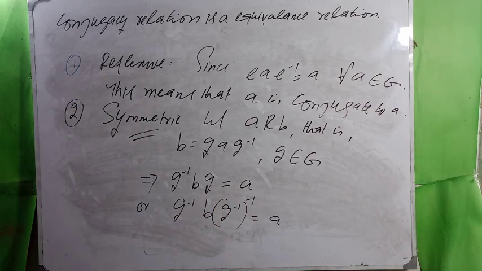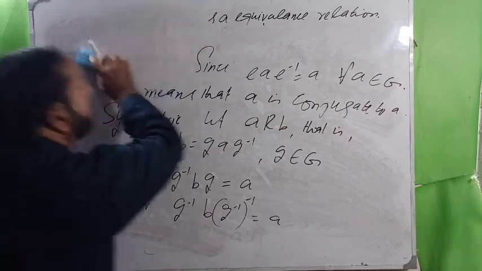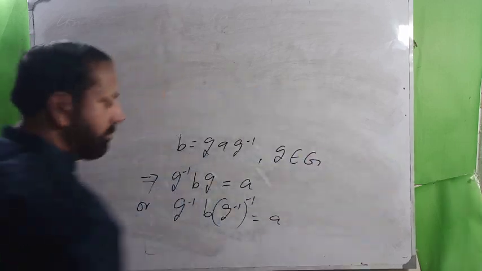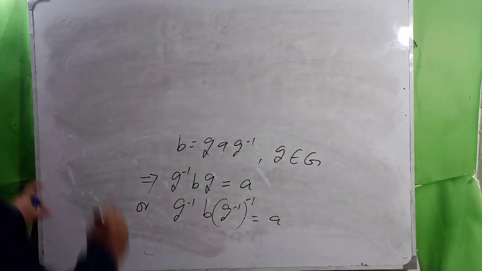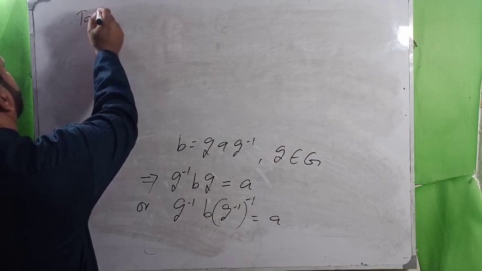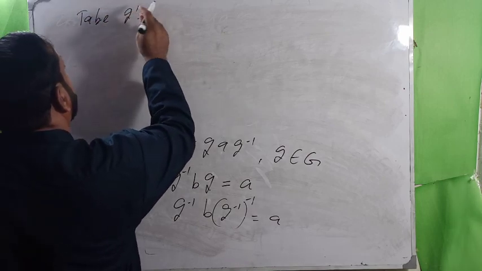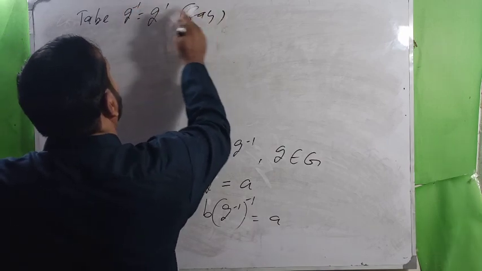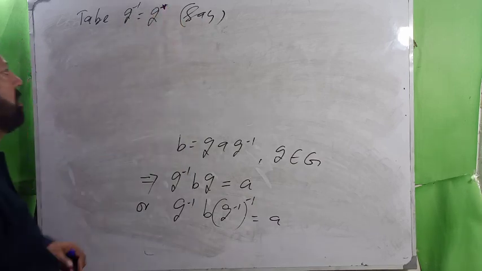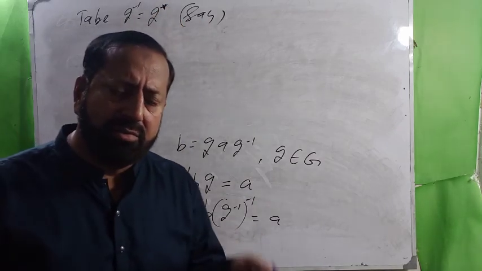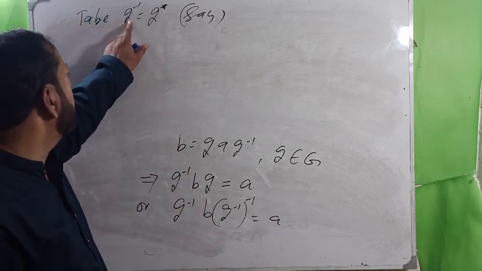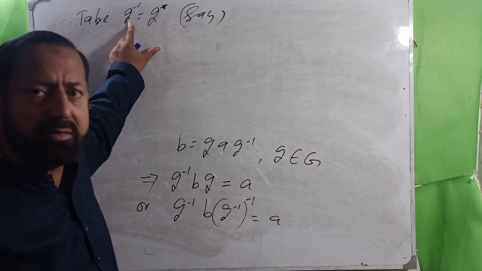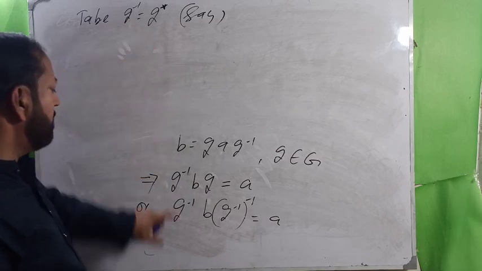Okay, so this further can be written as: take G dash G inverse is equal to G dash, say, or you say G star. Of course, G star belongs to capital G, because G is the element of capital G, and capital G is a group, so its inverse is also an element of G. There is no ambiguity.